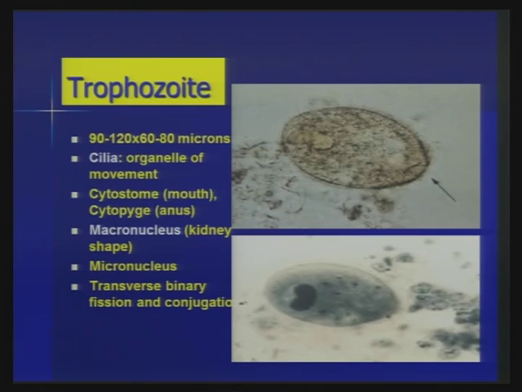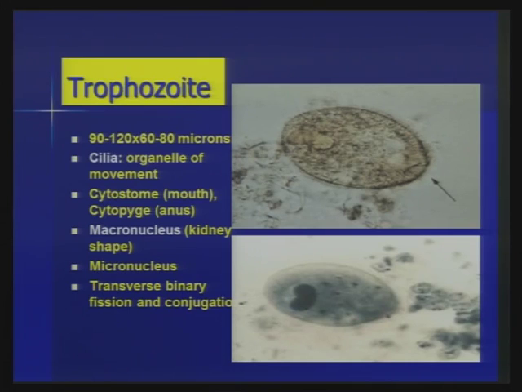But somebody asked me this morning, the trophozoite has only one nucleus or more. I say most of them have only one nucleus. But this one, the trophozoite has two nuclei. This one we call the macronucleus, and the other one is the micronucleus.